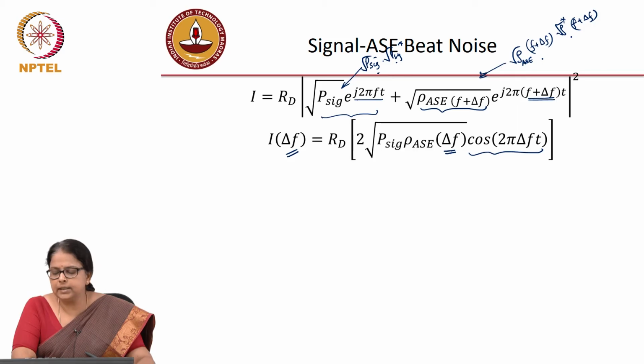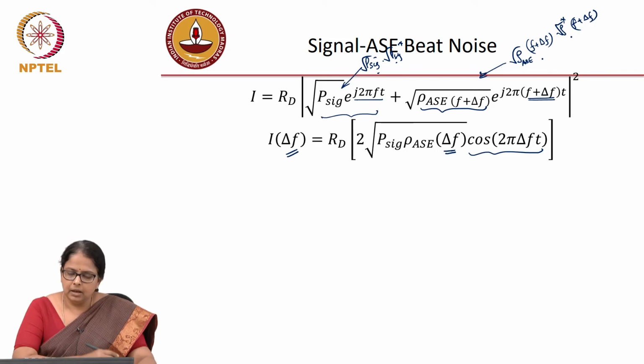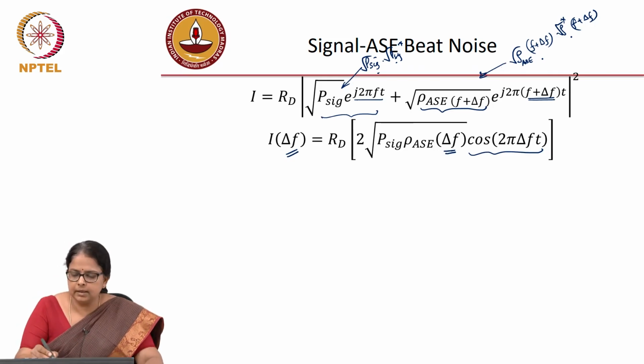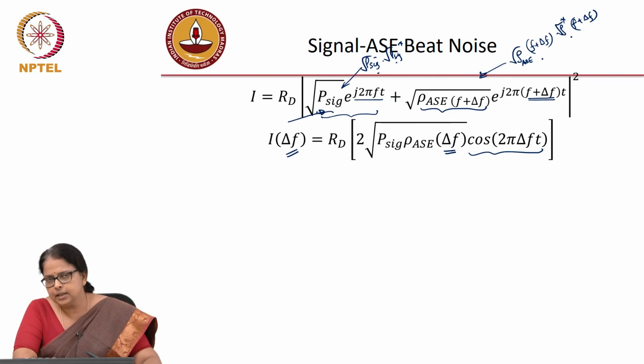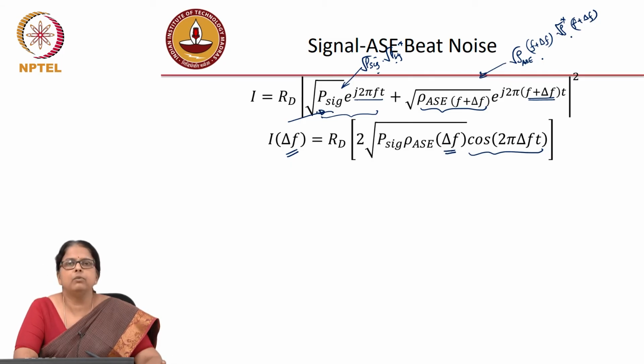So, this is the term which now represents something that is unwanted. Which is the actual signal term? The detector is actually looking for only the signal term, but in addition, whatever is unwanted is noise.